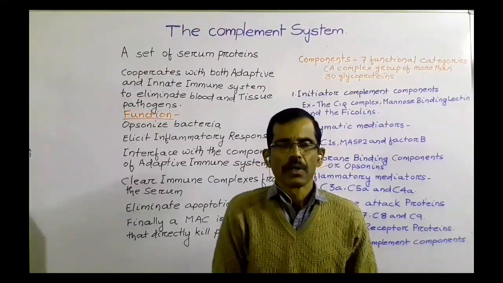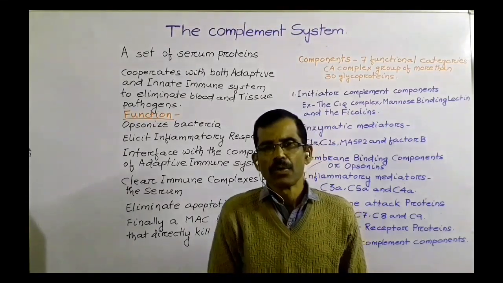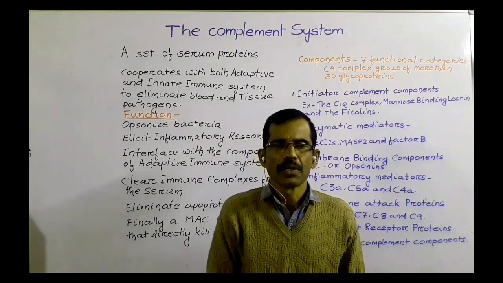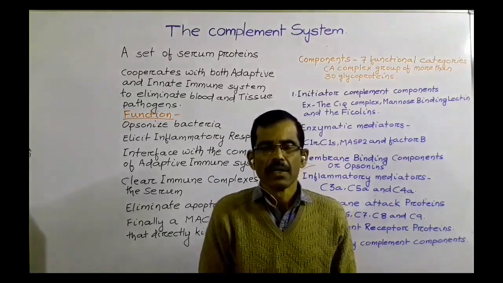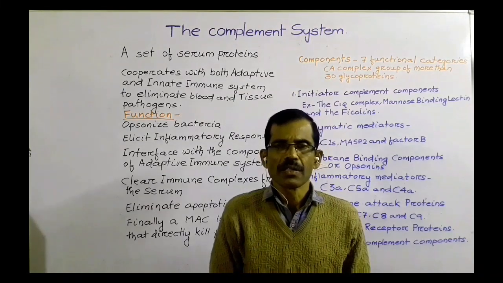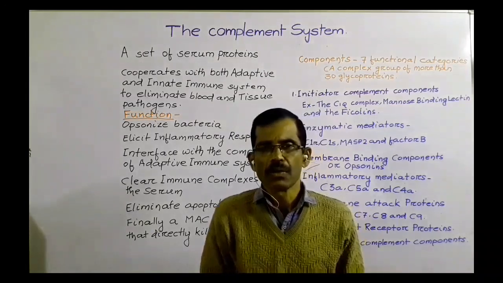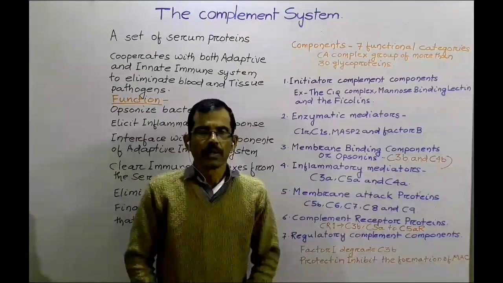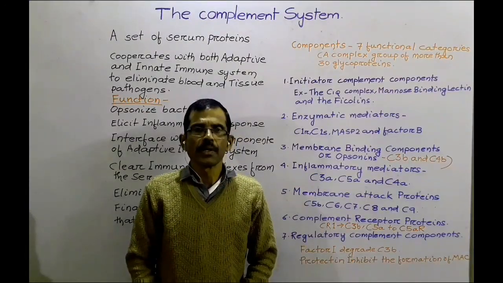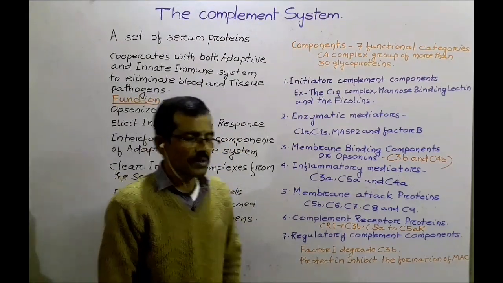The complement system is a complex group of more than 30 glycoproteins which are classified into 7 functional categories. In order to understand the functioning of the complement system, we must know about its components. The first functional category includes various initiator complement components.